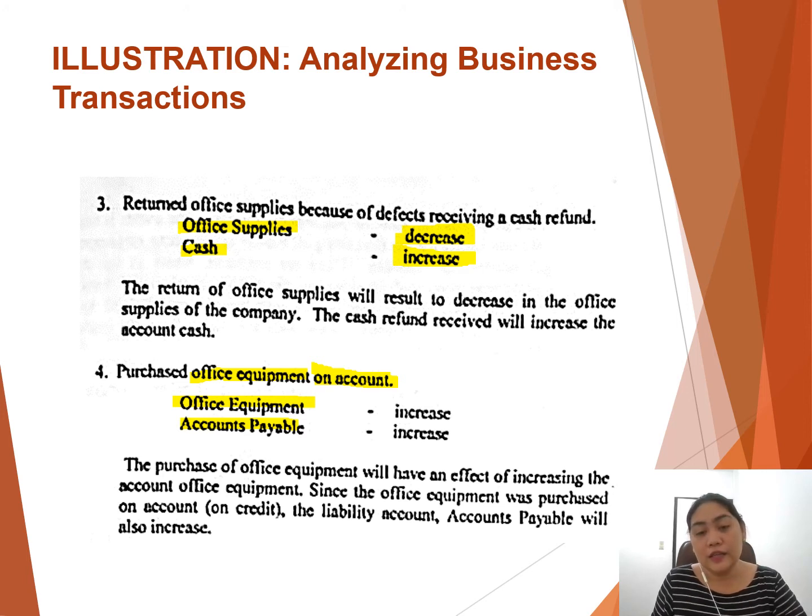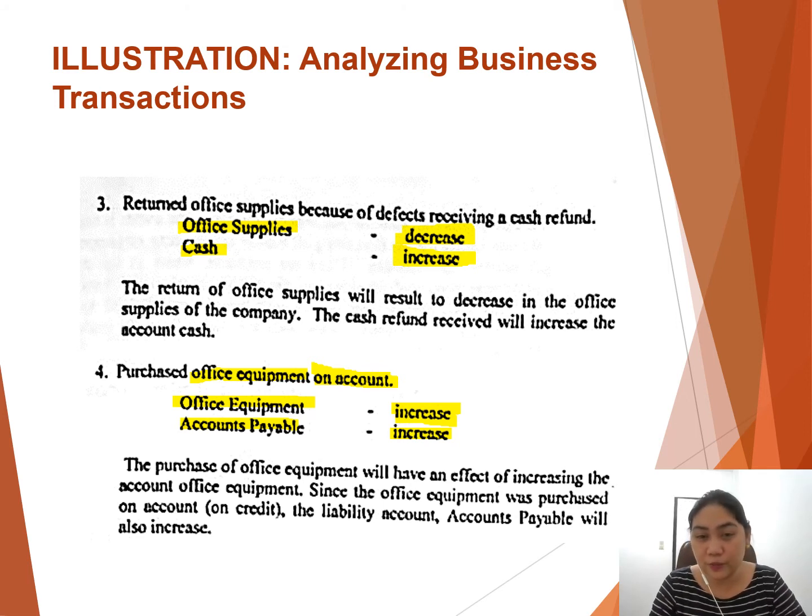So, what will be the effect? The effect is increase. Kasi nga, di ba, bumili ka ng office equipment. So, nadagdagan yung office equipment mo. And then, accounts payable is also increased dahil nagkaroon ka ng utang. That's why it is increased. So, take note ha, walang rule dito na pag increase yung isa, dapat decrease naman yung isa.